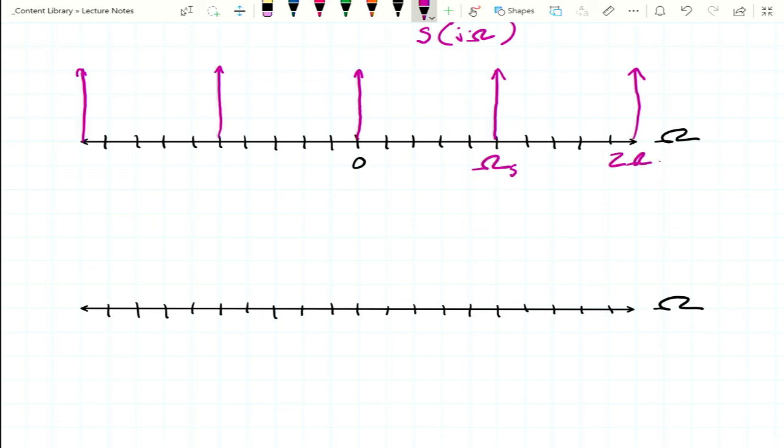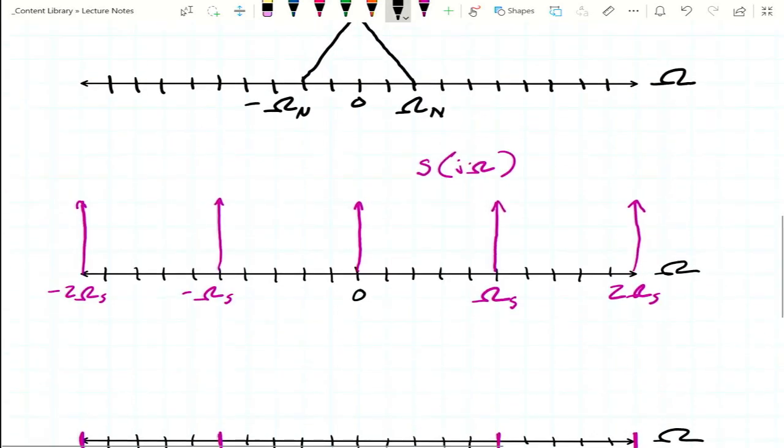This one will be 2 omega sub s. So these are all the sampling frequencies: minus omega sub s, minus 2 omega sub s, and so on. I'm going to make a note here that we had those sampling points there and there in line with the graph above it.